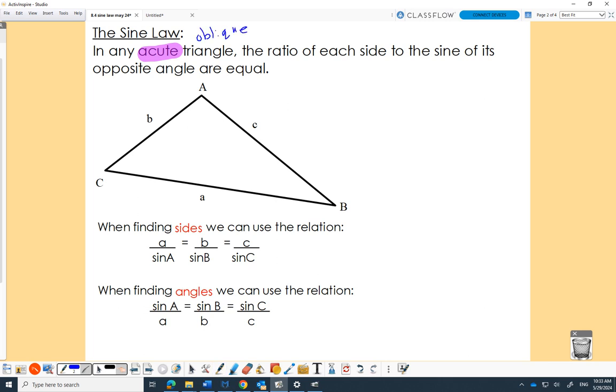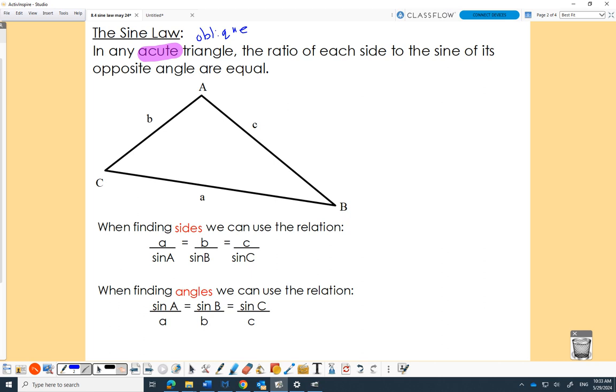Sorry, we're making all new notes this year. We're trying to revamp everything, and every once in a while a word gets messed up. I don't want you to go home and think it has to be an acute triangle. Oblique is the word for not right-angled. It actually works for right-angled triangles too, weirdly. So even if you don't have a right angle, sine law can help.